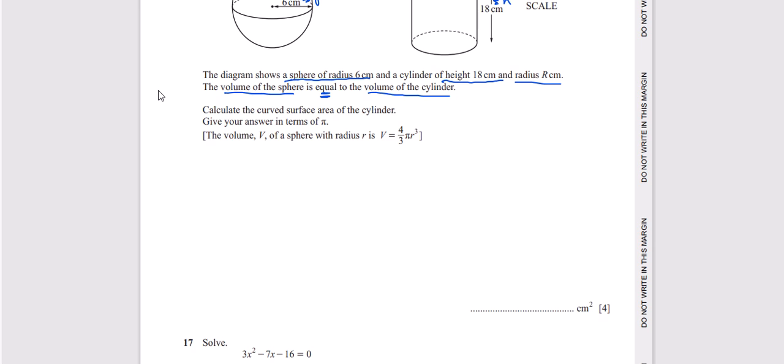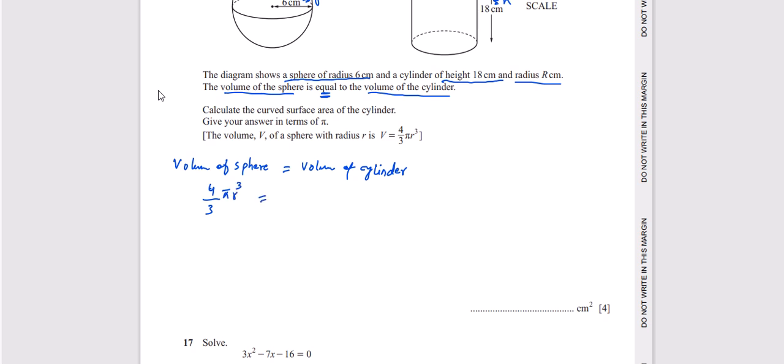So first of all, we know that volume of sphere is equal to volume of cylinder. So the formula of volume of sphere is equal to 4 by 3 pi r cube.